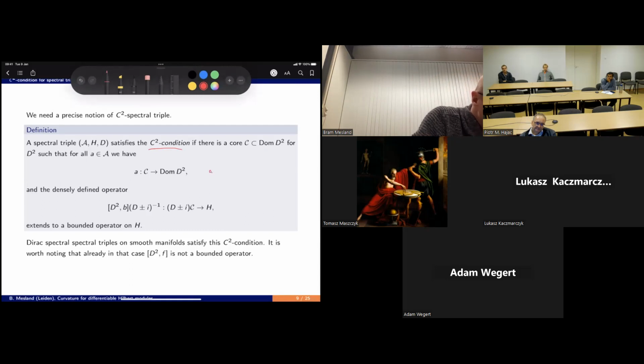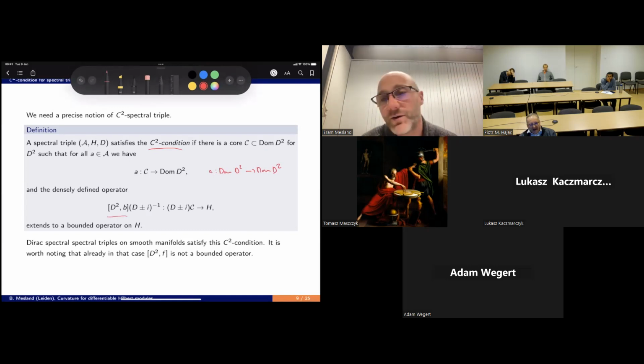So you might as well think just about this, if that makes it any easier. And then we want to say something about the commutator. Now it turns out that it's not realistic to require the commutator with d squared and algebra elements to be bounded. This doesn't happen in the manifold examples.